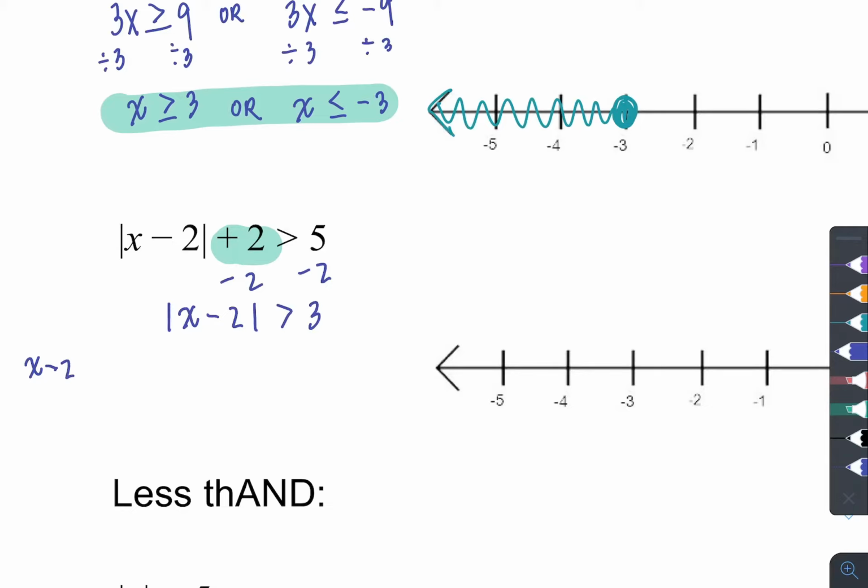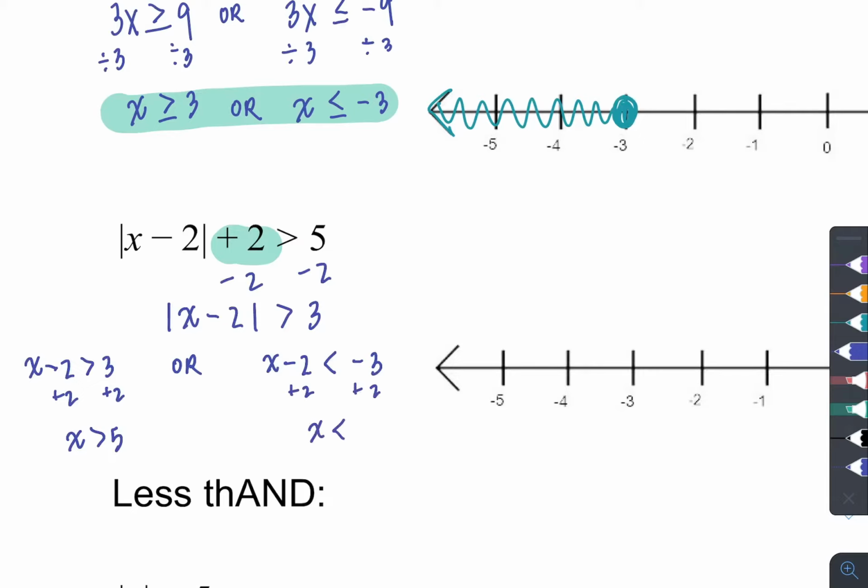So we're going to have our equation, just drop the absolute value. I wrote the wrong number. Drop the absolute value. And then our second one, we drop that absolute value, flip our sign, make it negative, and solve.